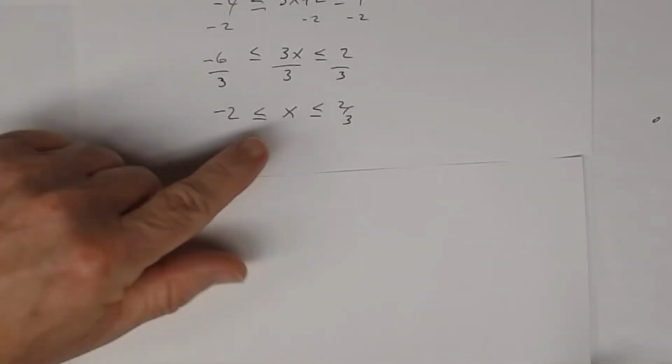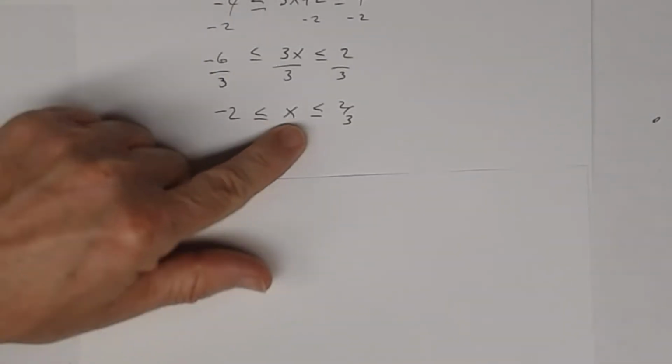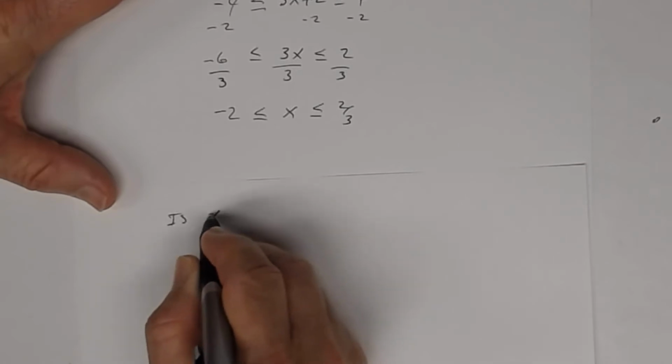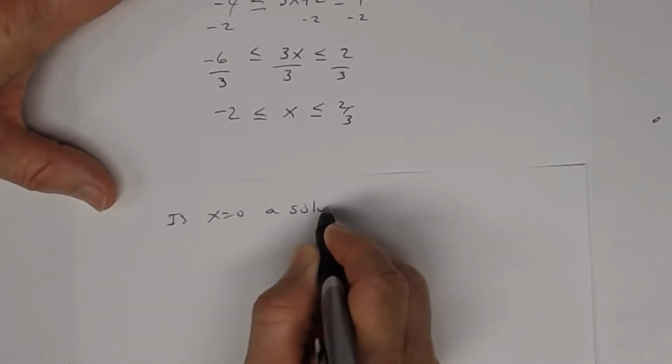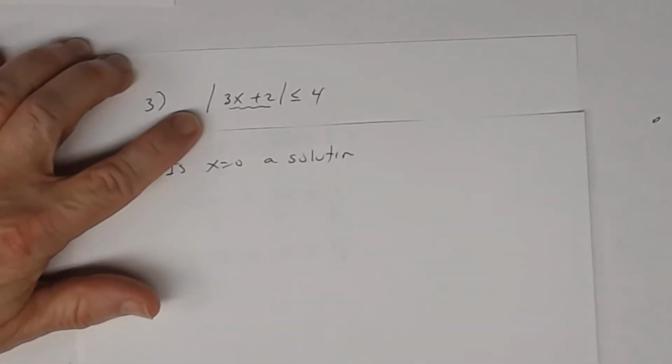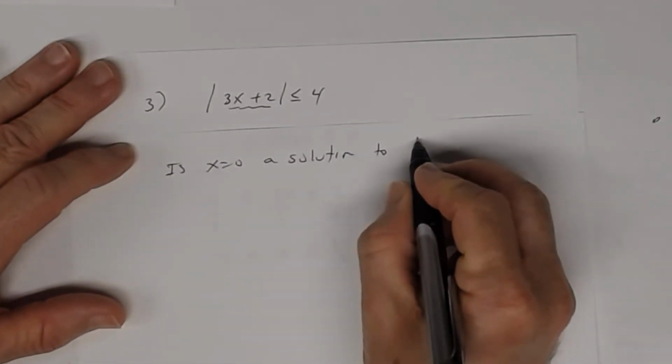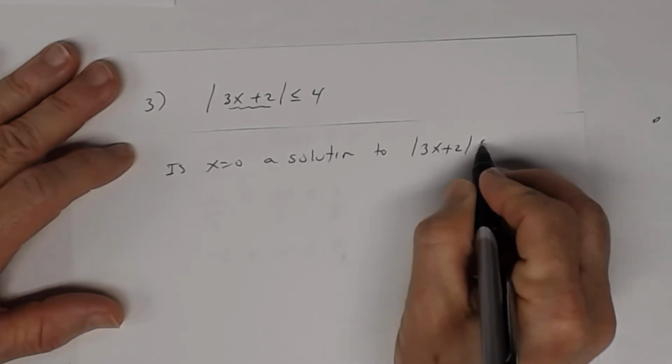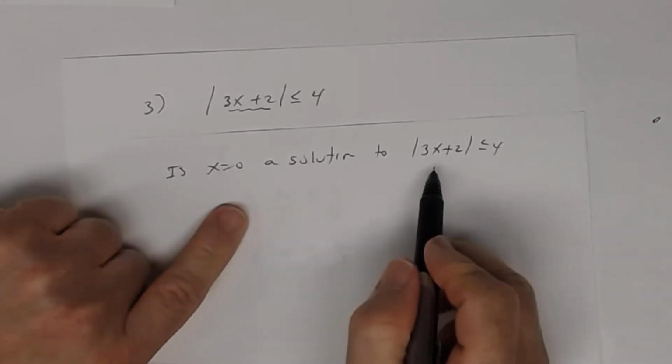All right. So I asked you earlier, is zero in here? So let's see why zero is in here. Is x equals 0 a solution to this inequality? In place of x, I'm going to substitute 0.